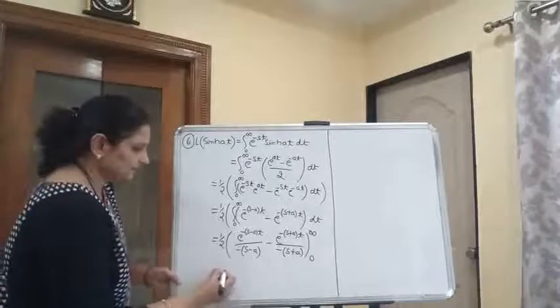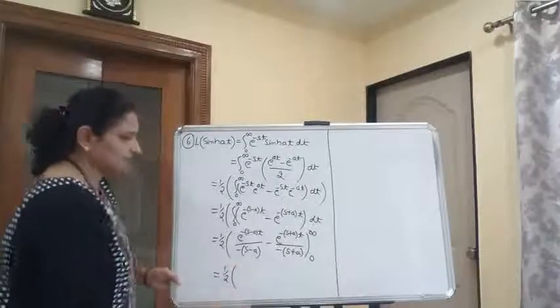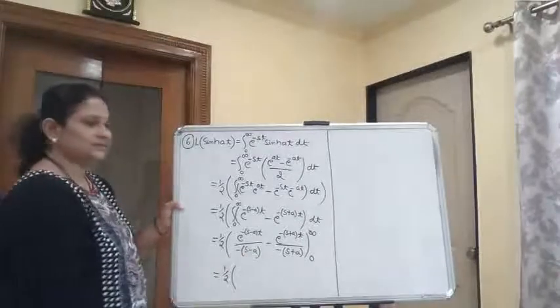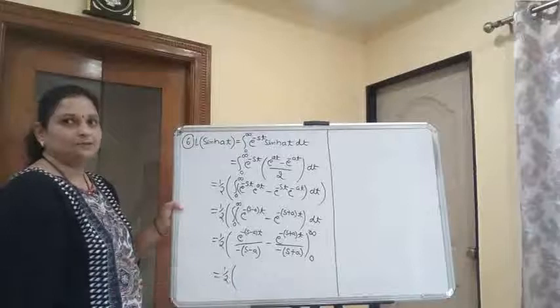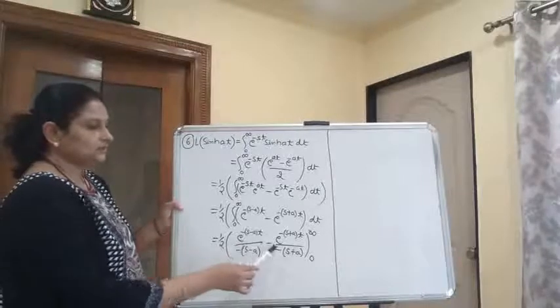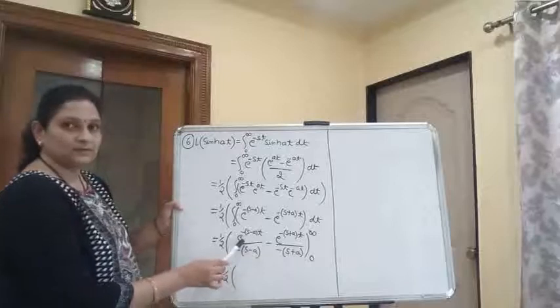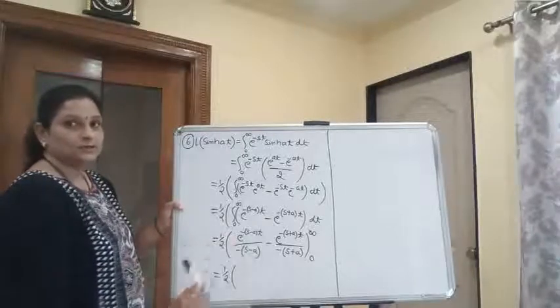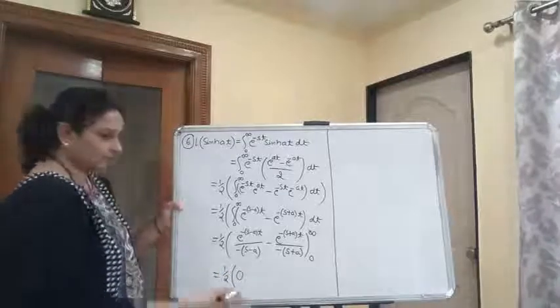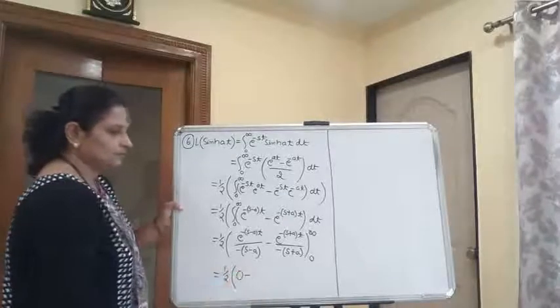Now let us apply the limit. This is 1 by 2 times. First applying the upper limit, put t as infinity. E power minus infinity is 0 as we all know. And both the terms become e power minus infinity when you put t as infinity. So upper limit is 0 minus the lower limit.